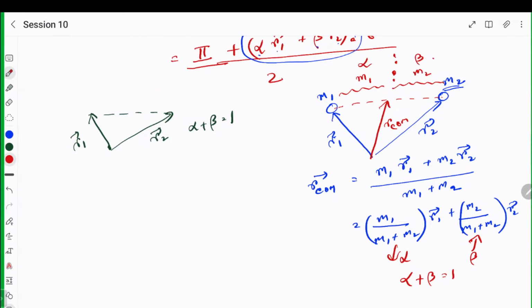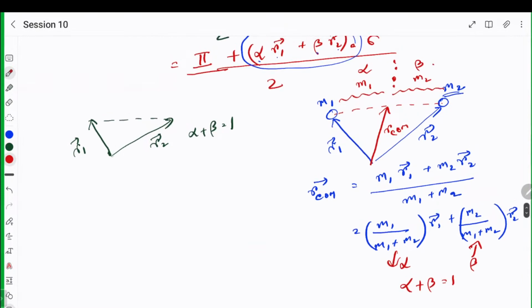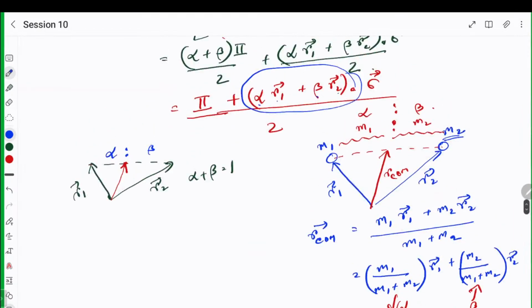So a similar thing will happen here. If you take alpha R1 plus beta R2, then it will lie on the line joining the tips of R1 and R2. And it would also divide it in the ratio alpha is to beta, because you see alpha R1, so alpha would be on the side of R1, beta will be on the side of R2.